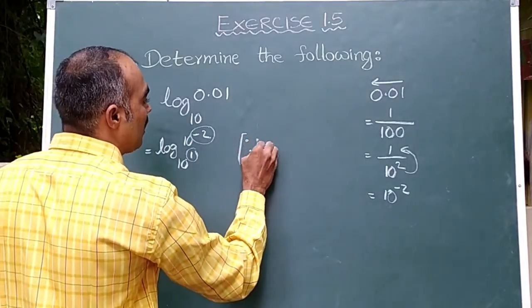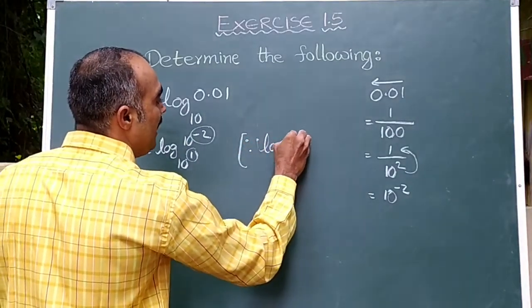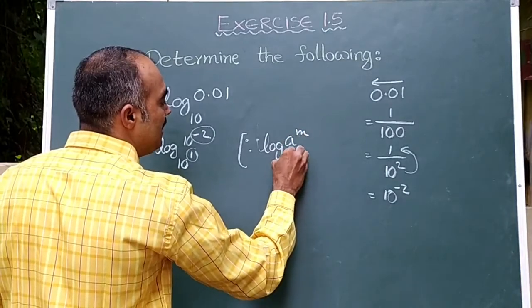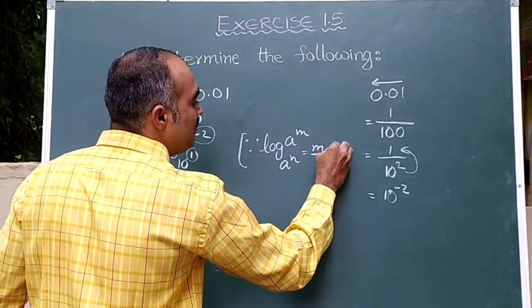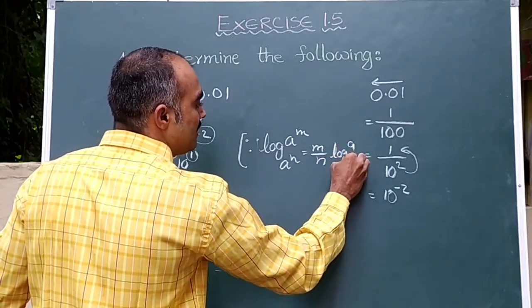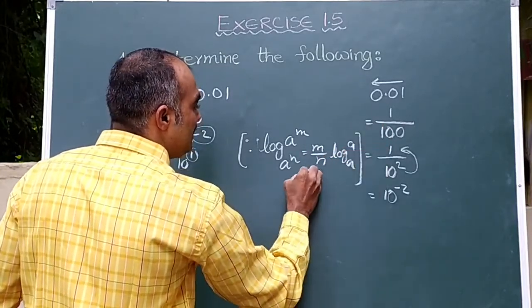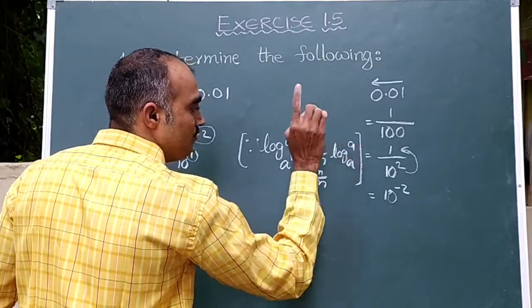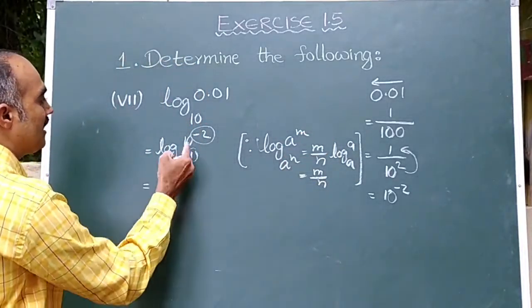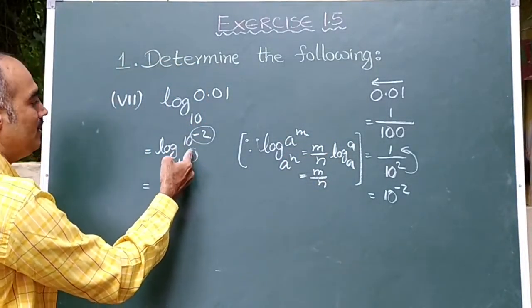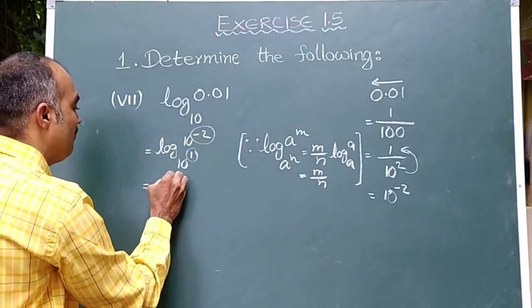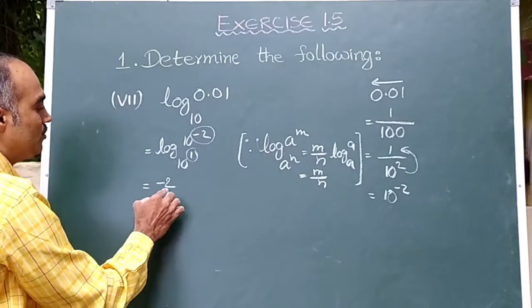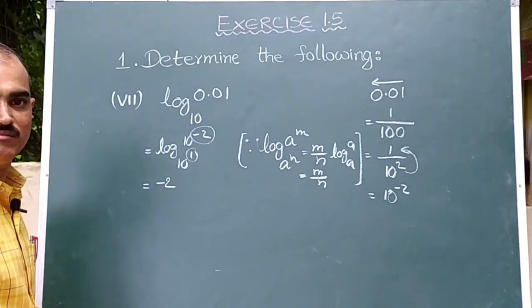So let us write the formula as log a power m base a power n can be written as m by n times log a base a. So that is nothing but m by n, because it is 1. So here directly I am writing, children, answer, it is minus 2 by 1, because log 10 base 10 is 1, we need not write it. So minus 2 by 1, nothing but minus 2. So here minus 2 is the answer.